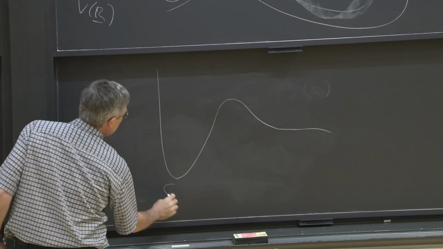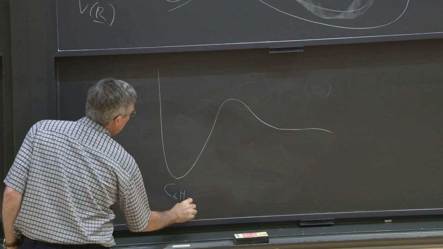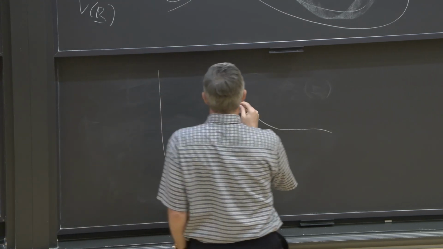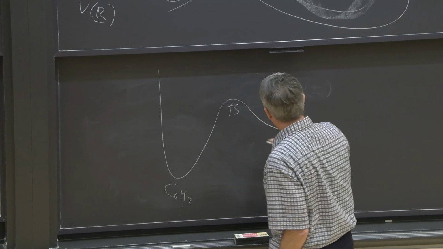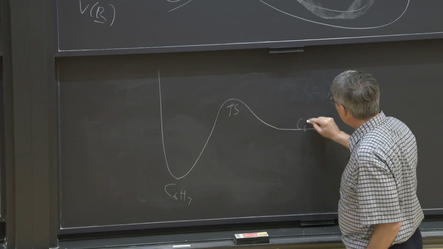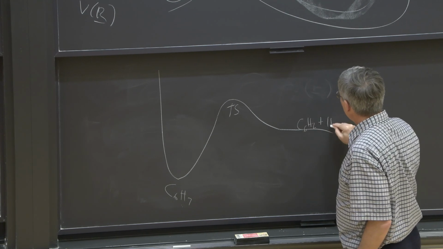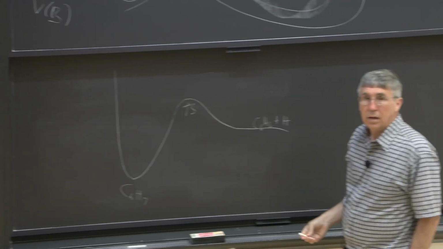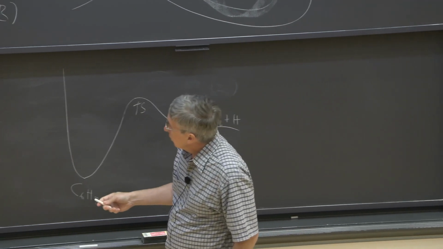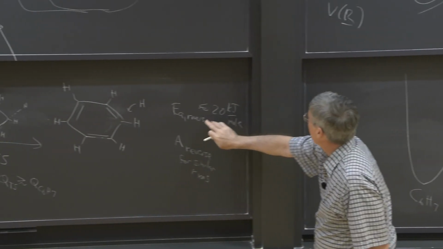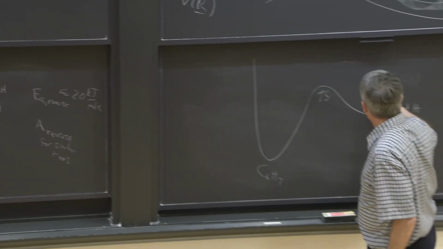So this is what it looks like. C6H7 is here. This is the transition state. And this is benzene plus H atom. And what we know is that the EA reverse is less than 20.